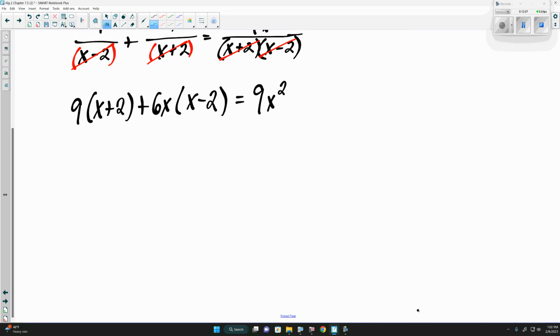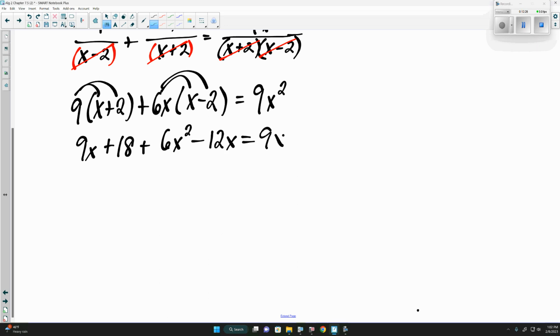Now at this point here, we do need to do some simplifying, so we can distribute the 9. 9 times x is 9x, plus 9 times 2, yes, 18, plus 6x times x is going to be 6x squared, and 6x times negative 2 is negative 12x, is equal to 9x squared.